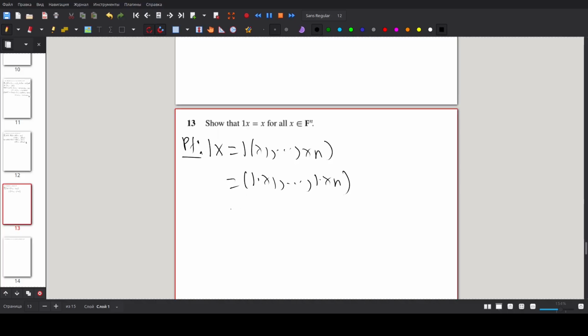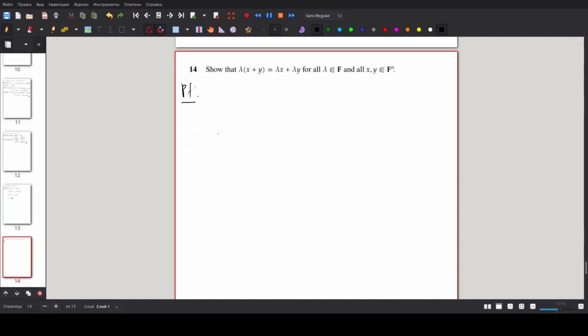But each of these xi's is from a field, so 1 times x1 is just x1, and so on to xn. And that's just x. So it's not too crazy, right?